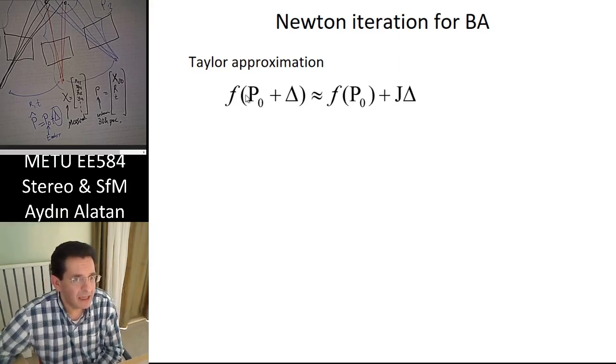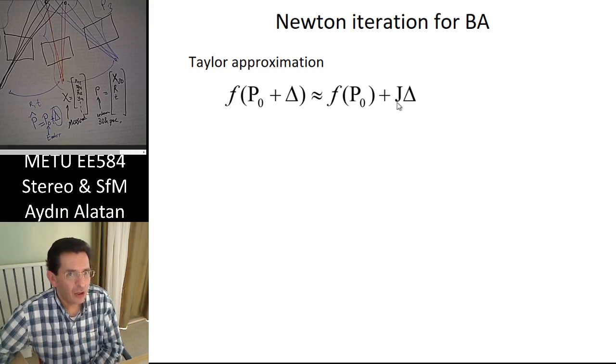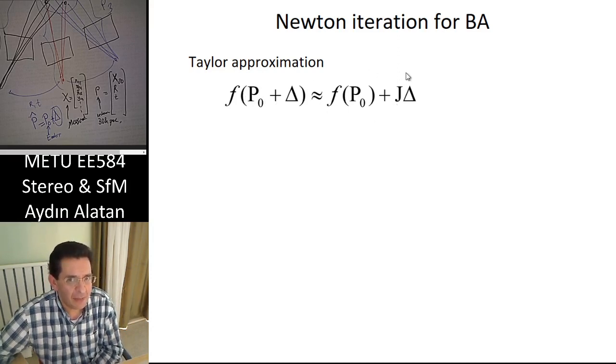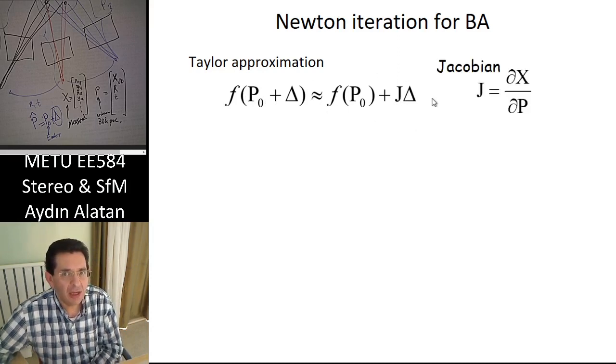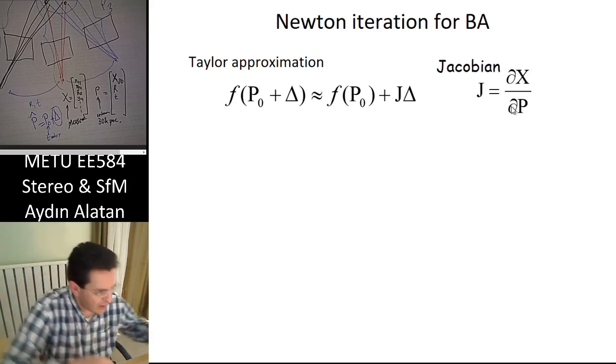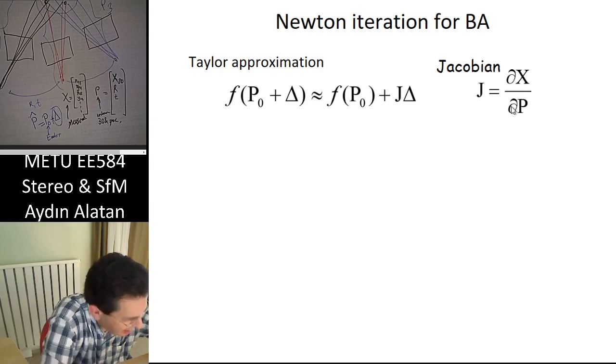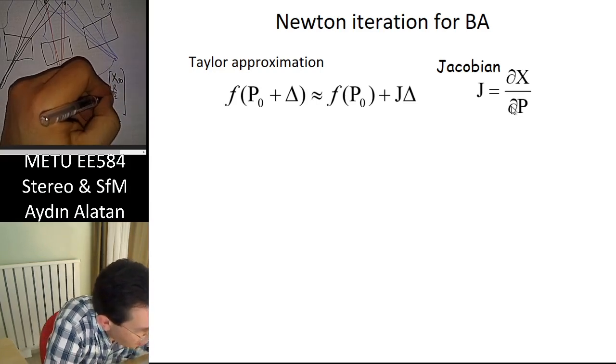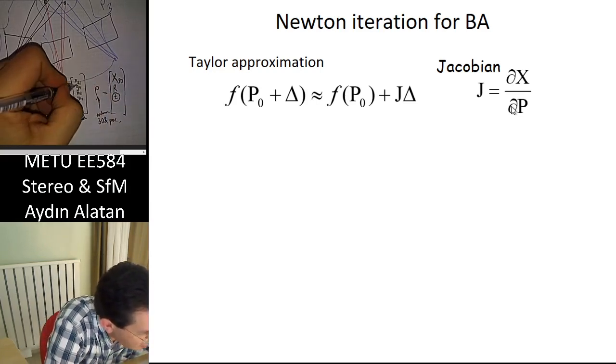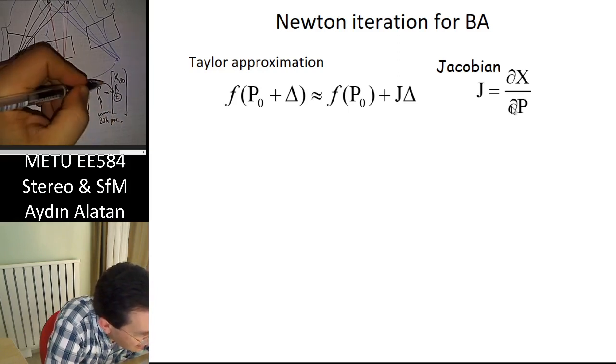Now, F at P0 plus delta you can approximate using a Taylor series expansion, where the Jacobian is nothing but these partial derivatives. Let's see what these partial derivatives are. With respect to a component of the translation T, you are saying how they are related.